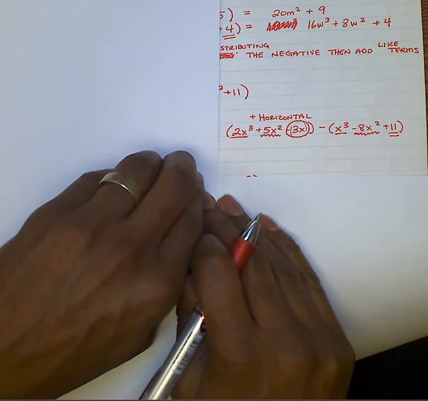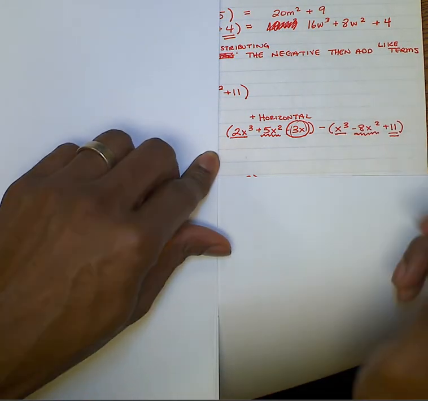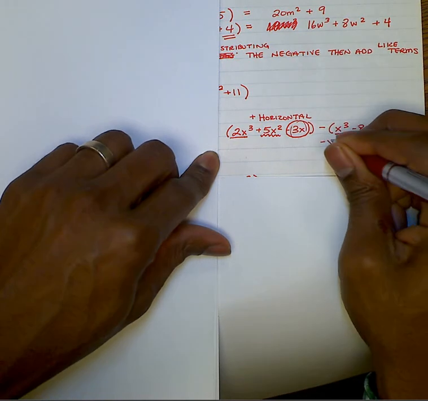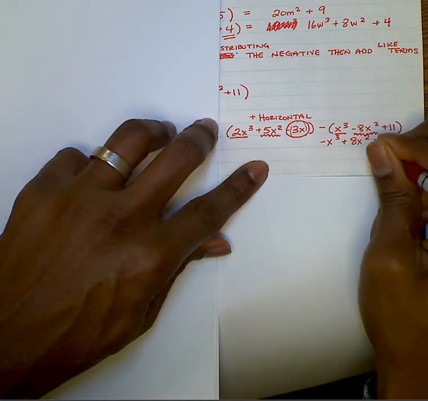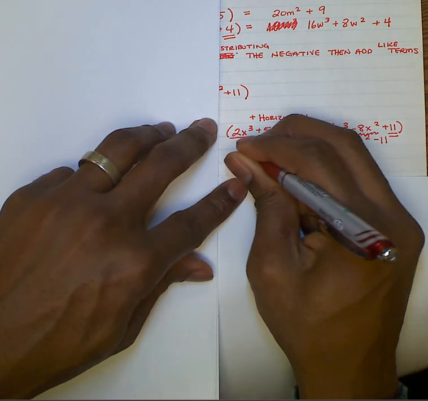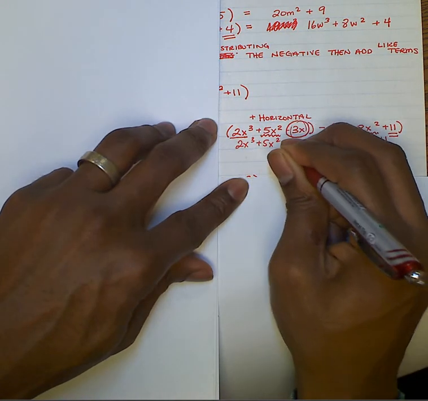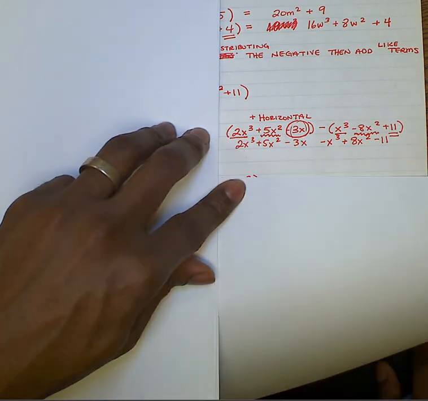Now, I'm going to take this out of the parentheses, and I'm going to do that by distributing my negative sign here. So I have negative x cubed plus 8x squared minus 11. 2x cubed plus 5x squared minus 3x. Notice I don't have to do that here because there's a positive in front, so I don't have to change the signs.